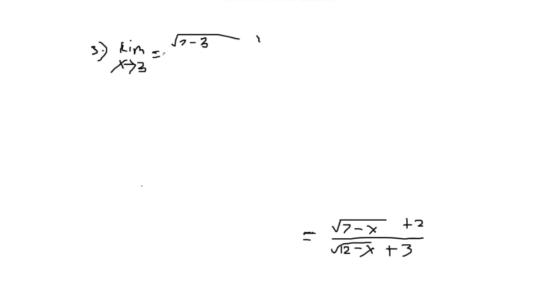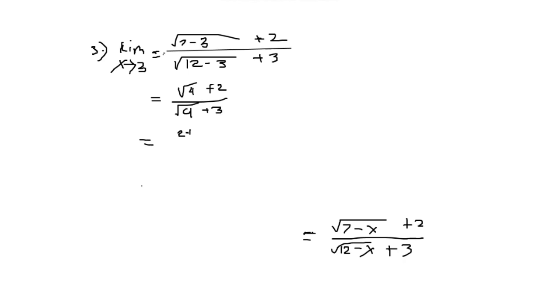So 7 minus 3 plus 2, and then 12 minus 3 plus 3, and then 7 minus 3 is what now? It is 4. Okay, so we have root 4 plus 2, and then root 9 plus 3.